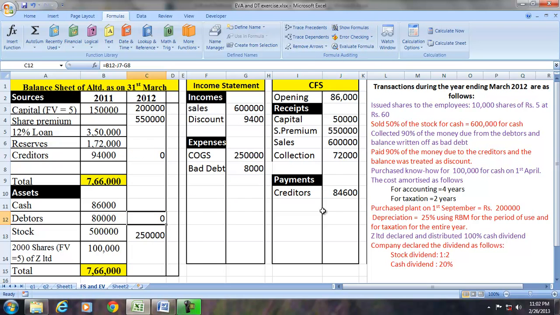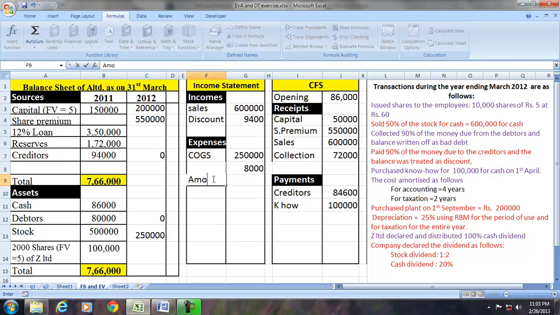Purchase know-how for 100,000. We have sufficient cash, so we purchase the know-how. Know-how is equal to 100,000, but the know-how has been amortized for accounting over 4 years.